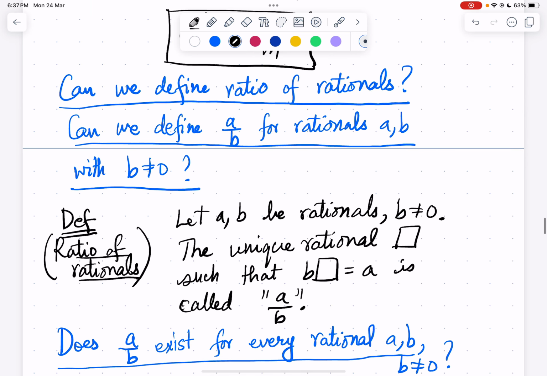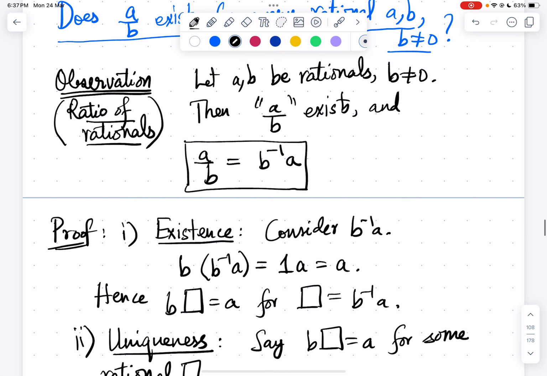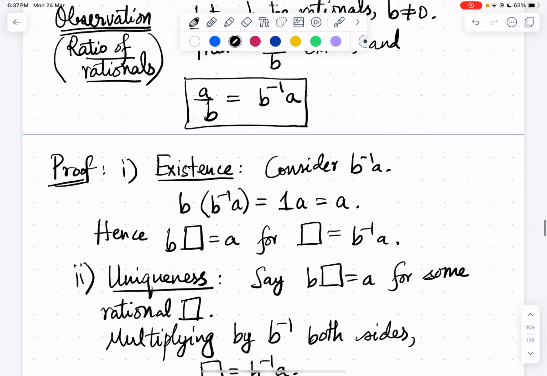So we have defined ratio of rationals, and does a by b exist? So we have this similar observation. Let a, b be rationals, b not equal to 0. Then a by b, the ratio of two rationals as defined above, exists, and a by b is just b inverse a.